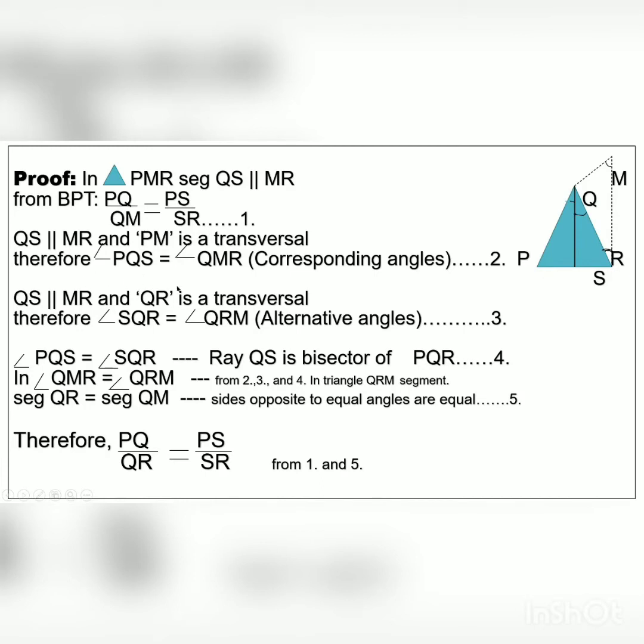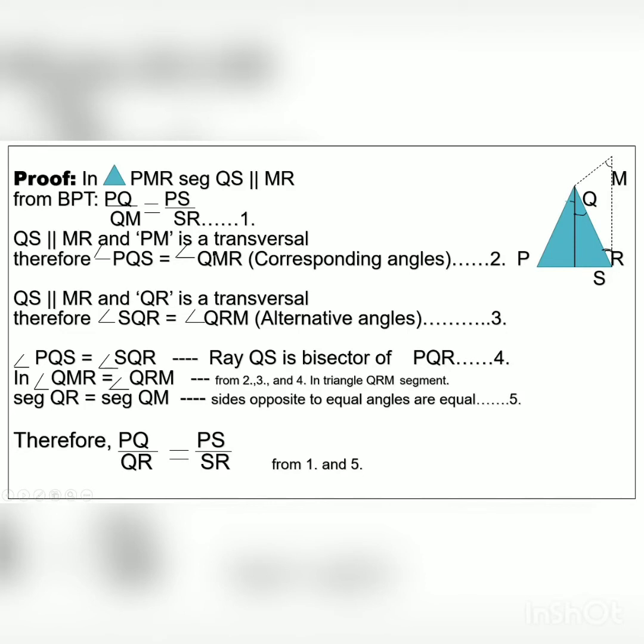From construction, QS is parallel to MR. If you extend QS in this way, then line PM becomes a transversal line.